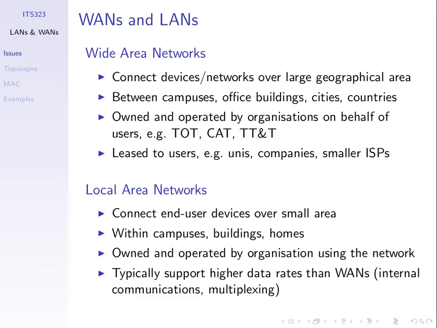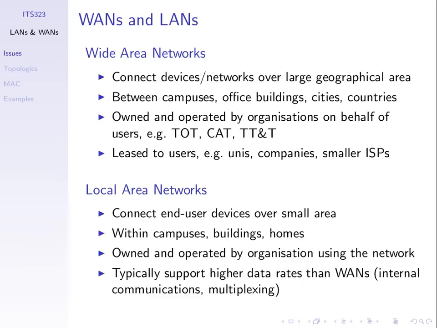So the government telecom companies, for example, in Thailand, TOT, CAT, and I haven't listed the many different ISPs which run their own network. So these companies build a wide area network, they own it, they operate it, but then they lease or rent access to that network to the users, where the users may be different organisations, universities, companies, other internet service providers.